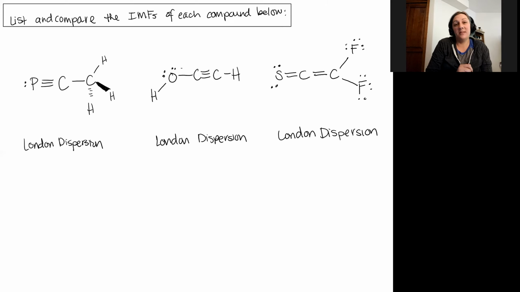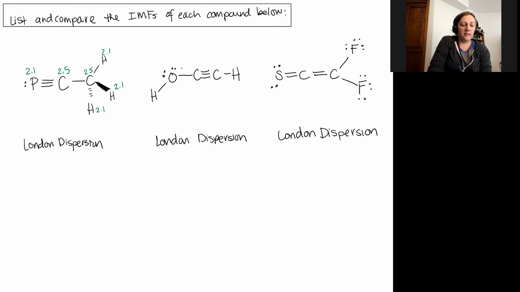Now, the next step is to evaluate whether or not the molecule is polar to determine if it has dipole-dipole interactions. So that's going to involve looking at our electronegativity values and then determining if we have any polar or nonpolar bonds. So I'm going to go through and write down my electronegativities here. Looking at my electronegativity table, I know that phosphorus is 2.1, carbon is 2.5, and hydrogen is also 2.1.